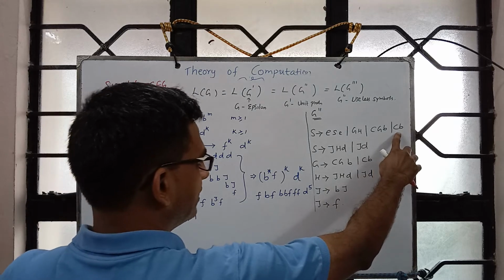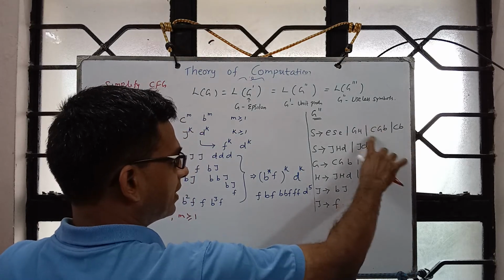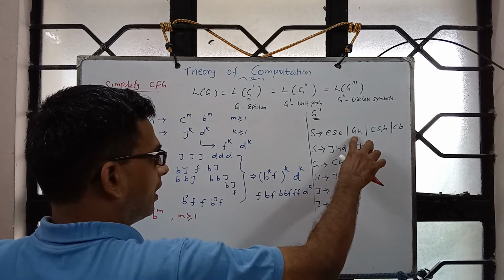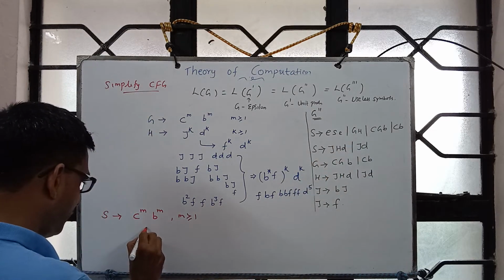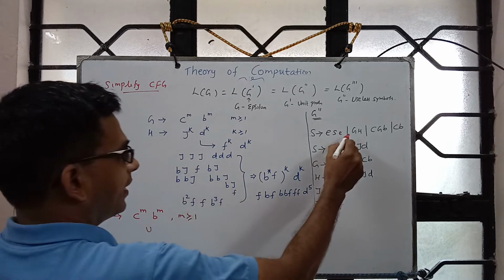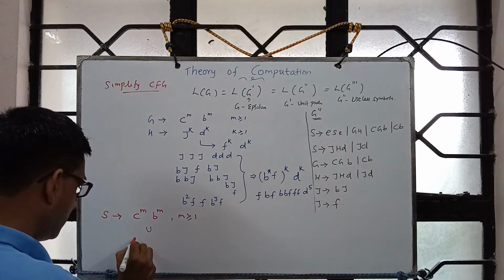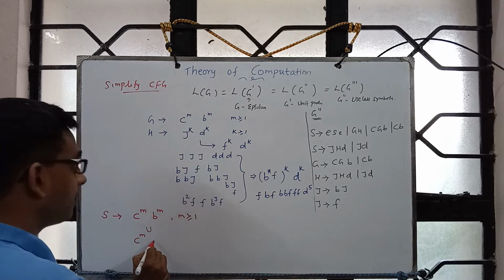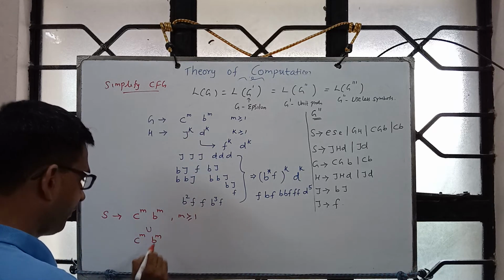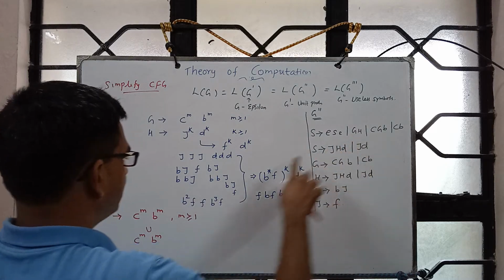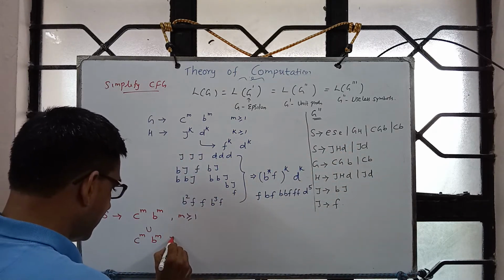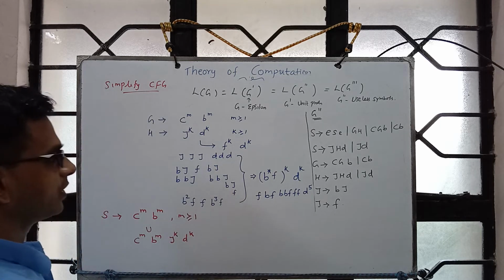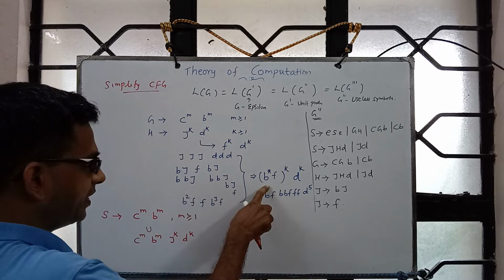So we may get this, or we use this and pump any number of times, or we may get this union. It is G followed by H. So G gives you C power m, B power m, and H gives you J power k, D power k, but J is actually this.